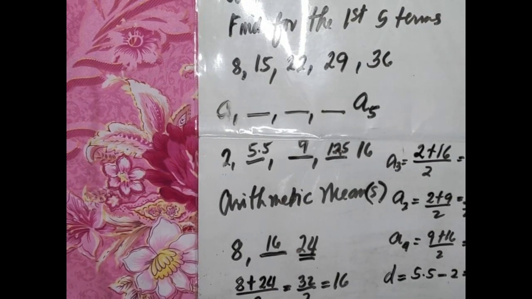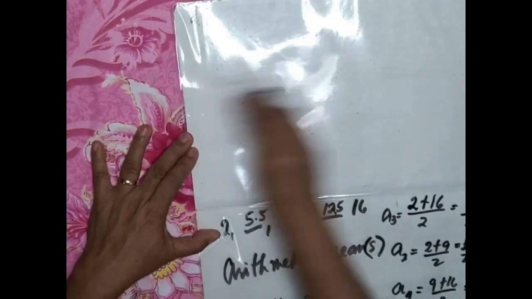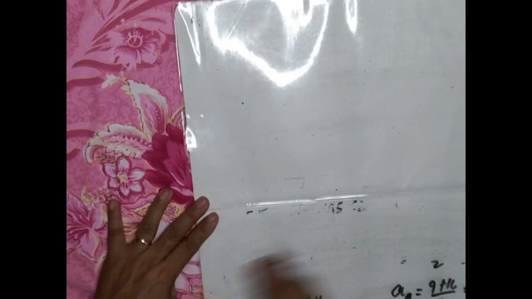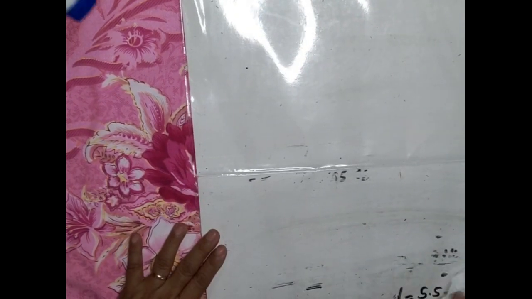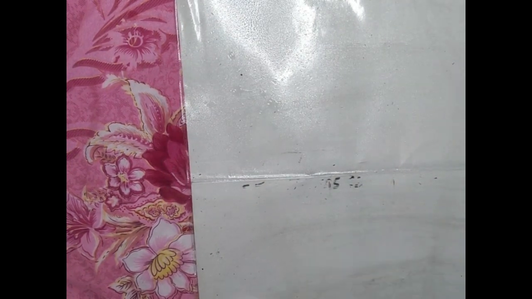Okay, there is another way of coming up with the arithmetic means between your given terms. So let's have it. We are going to take the same problem. You're going to insert 3 arithmetic means between 2 and 16.